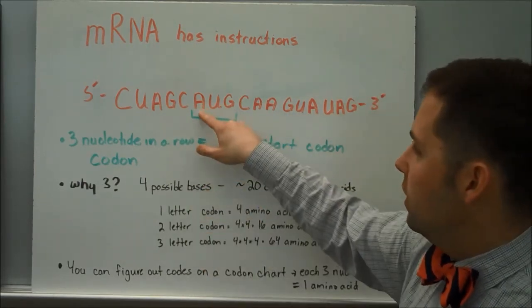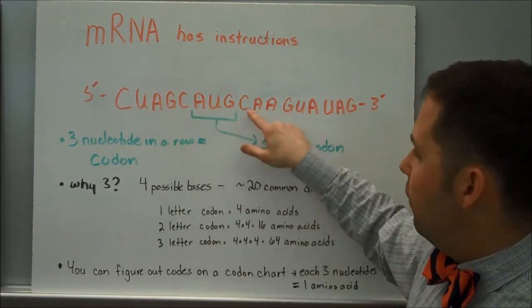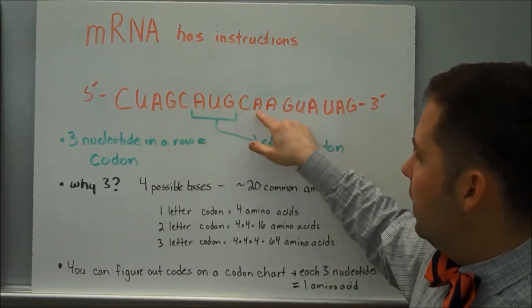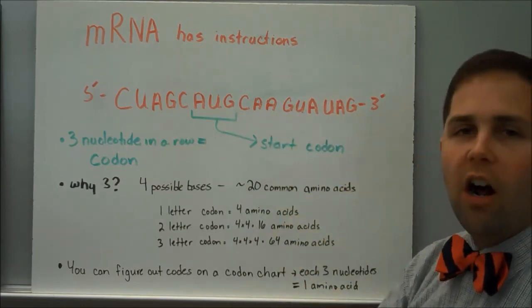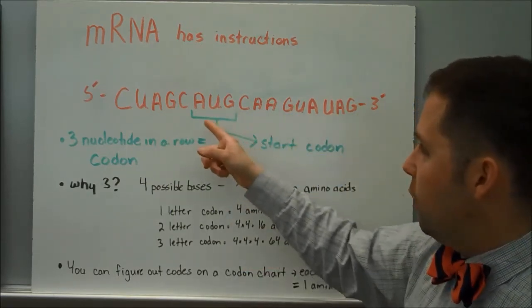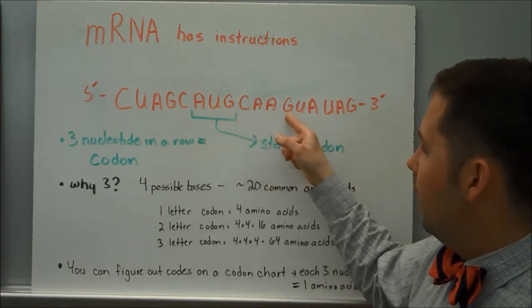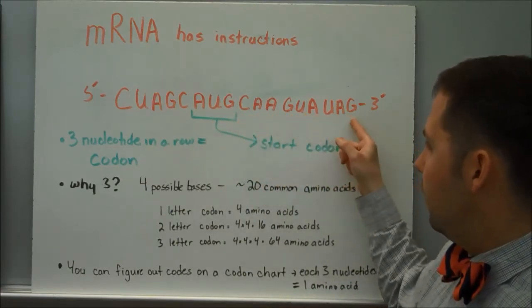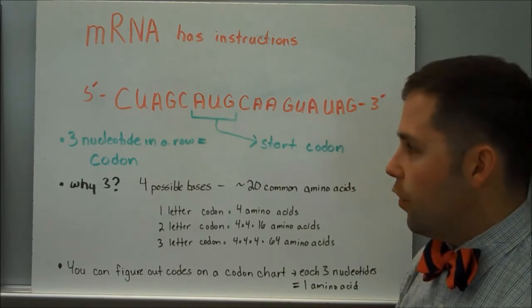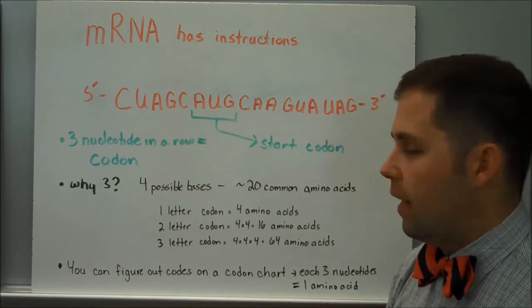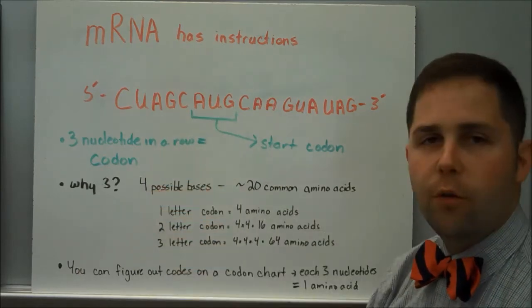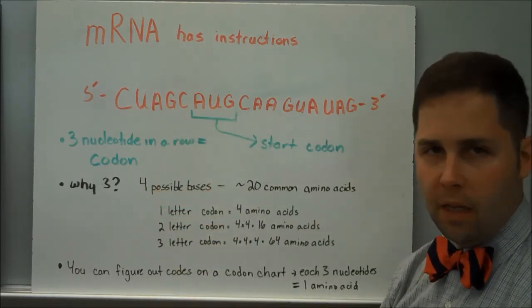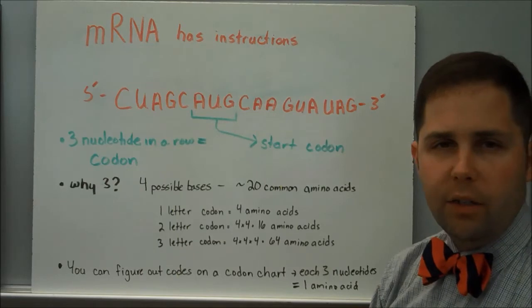Once you know where a protein starts, you'll know that every group of 3 after that, CAA, GUA, UAG, are also a codon. So once you have your start, you'll be able to find these sets of 3 that follow it. So 3 nucleotides in a row make a codon, and what these codons do is 3 nucleotides code for 1 amino acid. So you might ask yourself, why do we have this system?